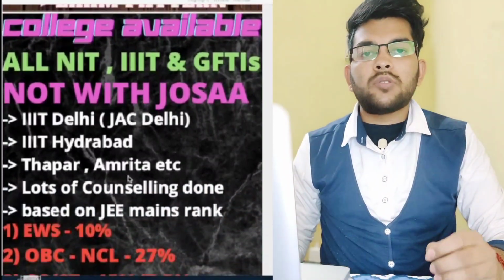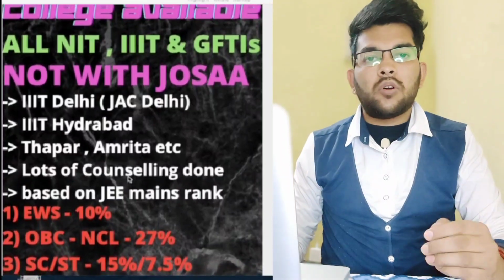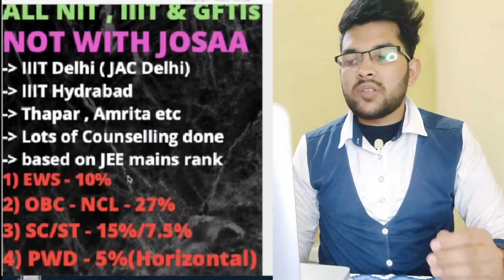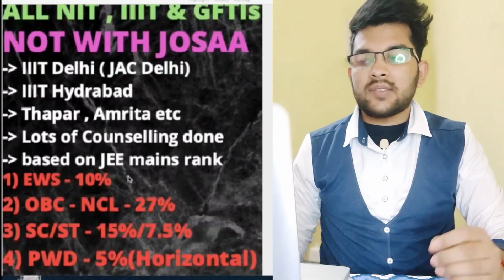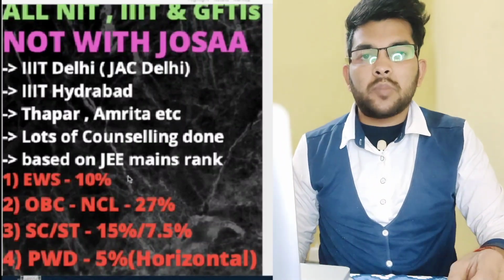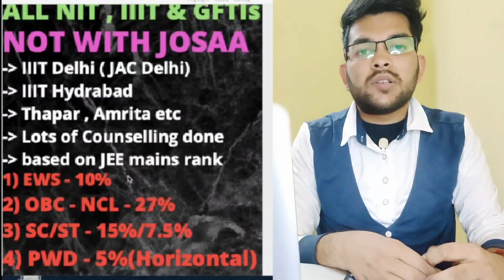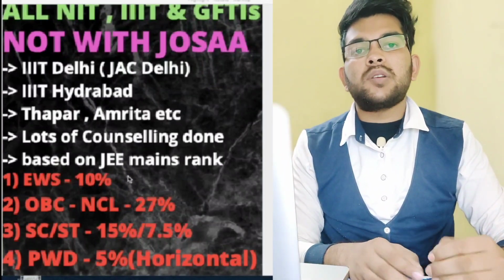Now let's talk about the reservation for different categories. As you all know, EWS students will have 10% seat reservation, OBC and CL will have 27%, and SC/ST will have 15% and 7.5% respectively, and PWD students will have 5% horizontal reservation. That means 5% in each category.